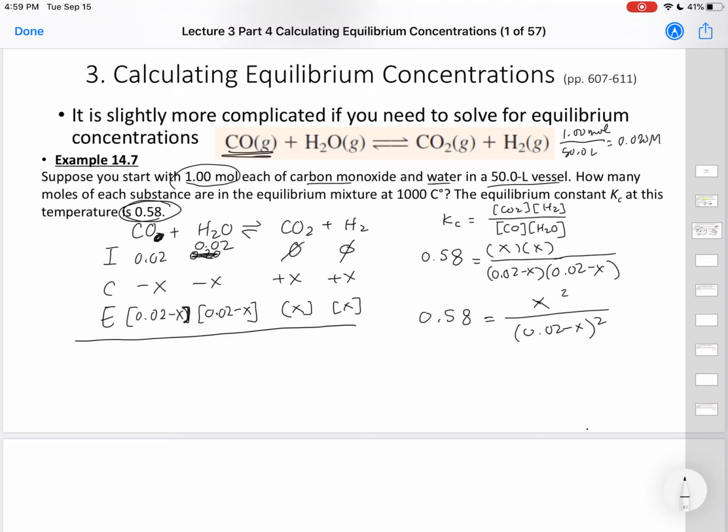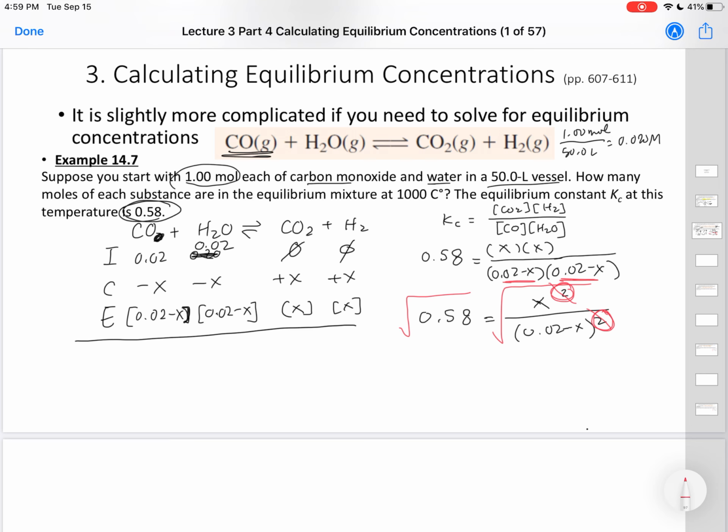Very important to note, if you see this on the homework, if you see a squared here and a squared here, because this is the same thing, then what you can do is square root both sides, and that will get rid of the squared exponent on both.